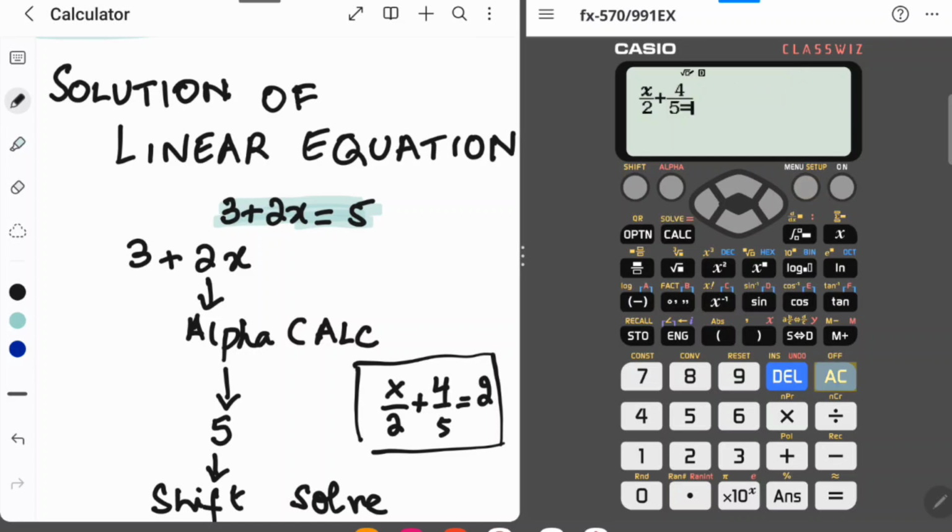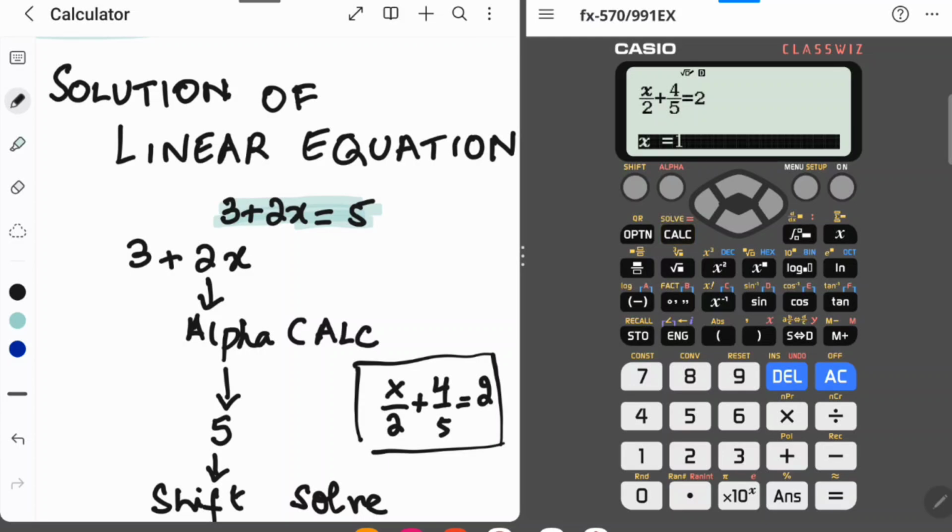Oh sorry, wait, do it again. x upon 2, and then plus 4 over 5, and then come up, and then equals, and that equals 2, and then write down shift solve.